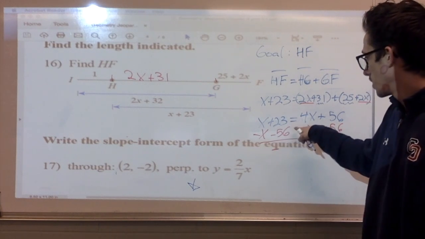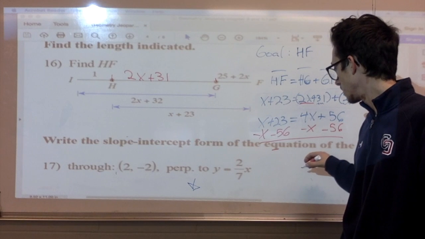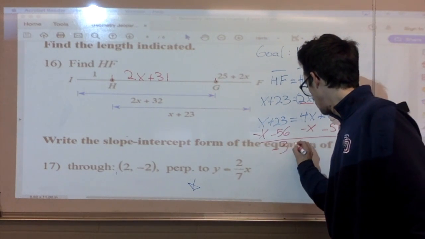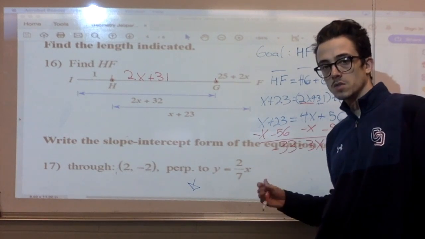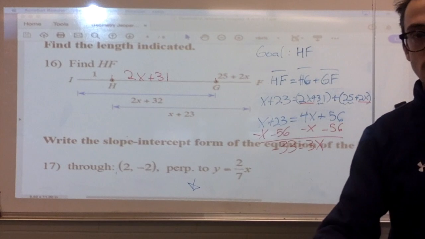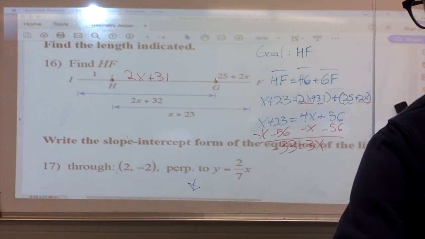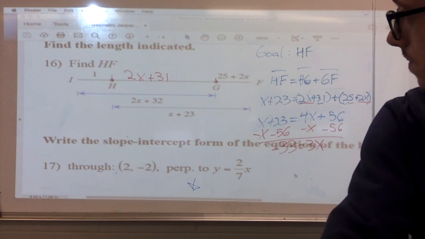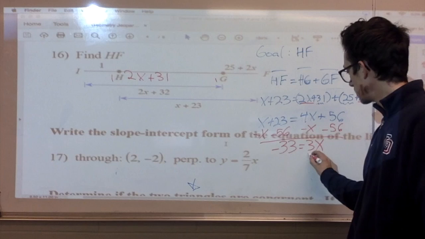If we have 23 and we deduct that 56, that's going to give us a negative 33. This equals 3x. So we're allowed to take this further and say that 3x equals negative 33, eventually x can be equal to negative 11.